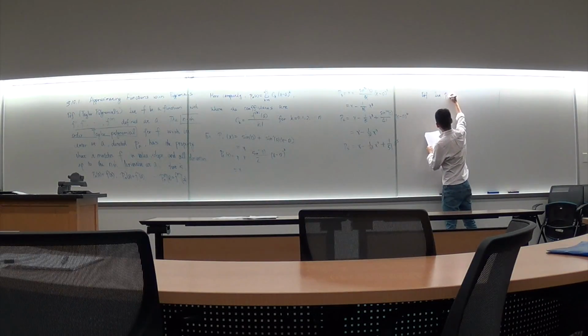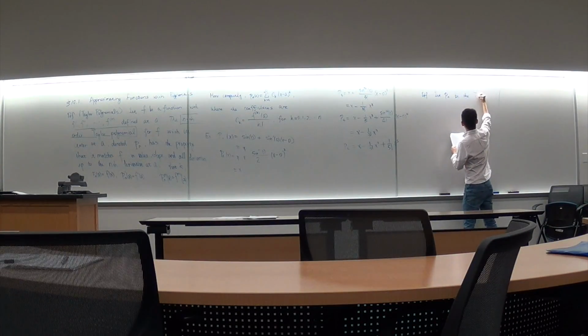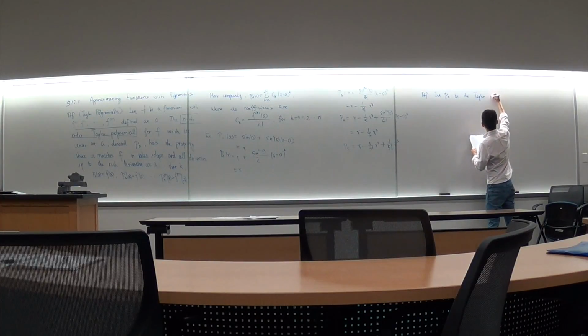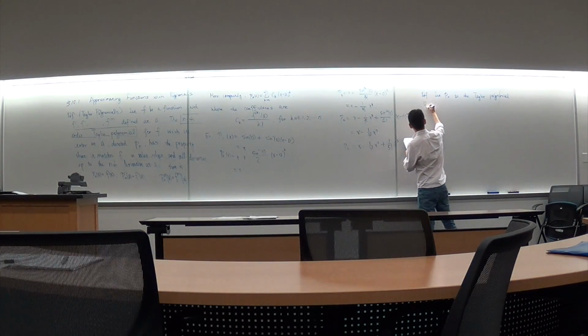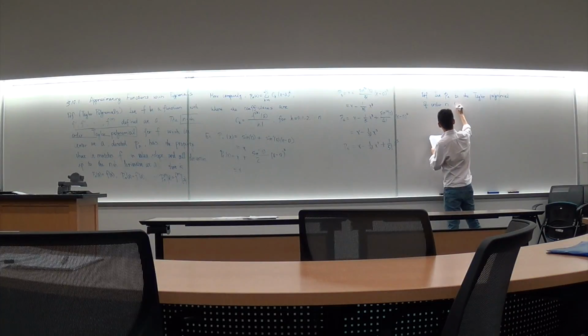So that's the remainder. The definition: let P sub n be the Taylor polynomial of order n for f.